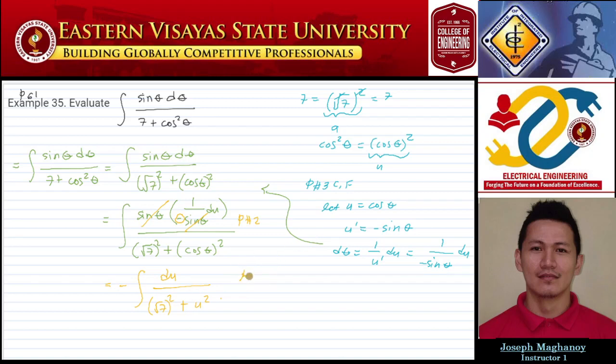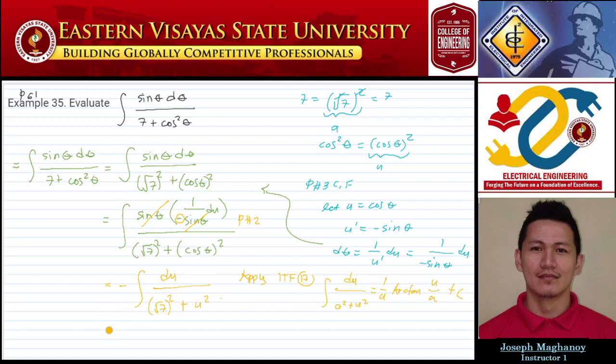So we can apply our ITF number 17 formula. What is your formula? So integral of du over a squared plus u squared is equal to 1 over a arc tan u over a plus c.